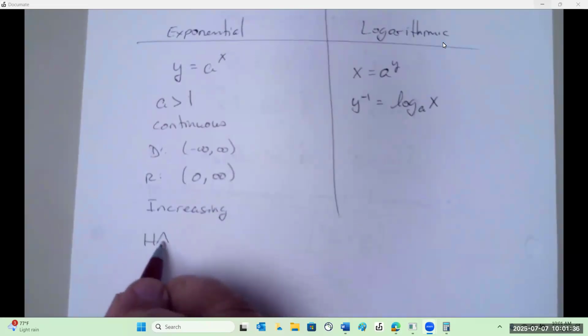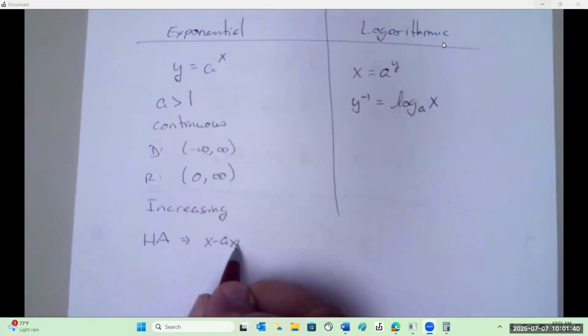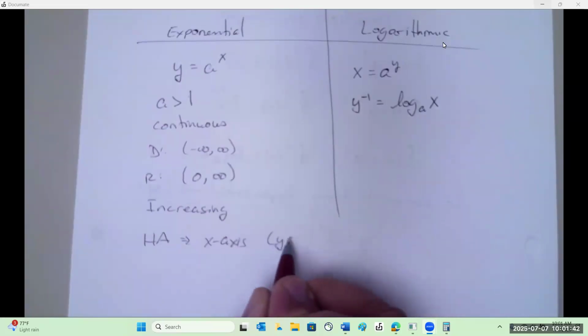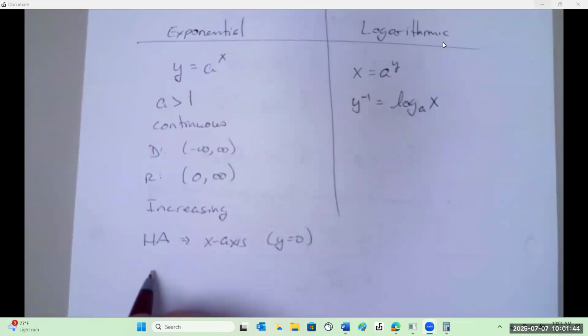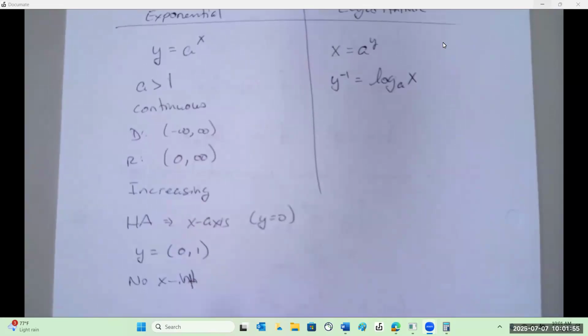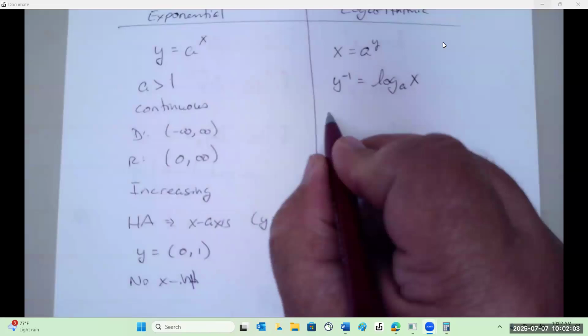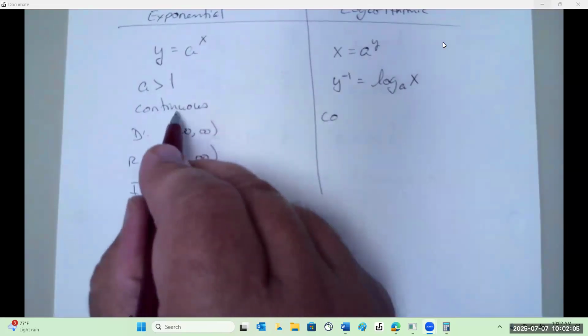The horizontal asymptote is the x-axis, which is y equals 0. The y-intercept is at (0, 1), and no x-intercept. That's what we just talked about last section. There's nothing new there.